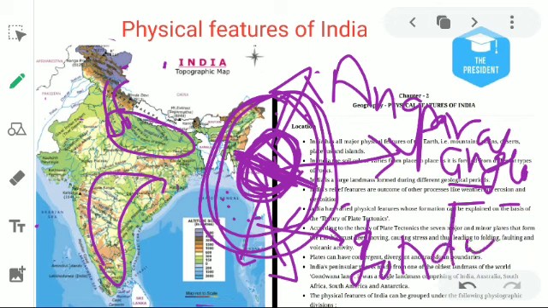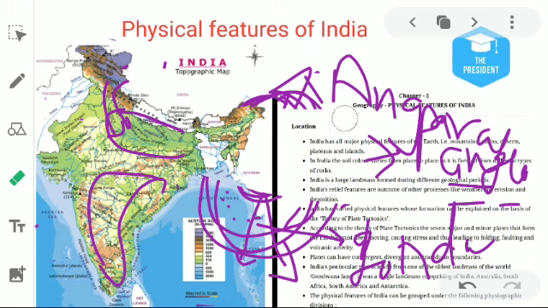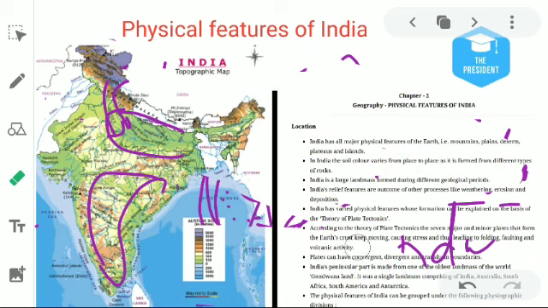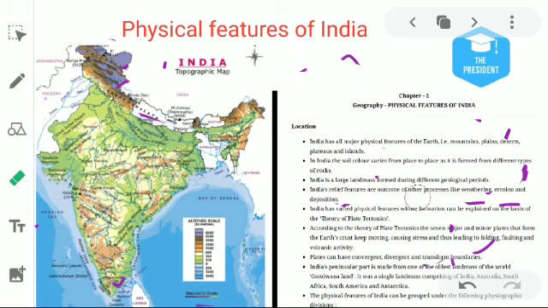Means one bigger landmass divided into two portions. The first is Angara land in the northern portion, and the second is Gondwana land in the southern portion.